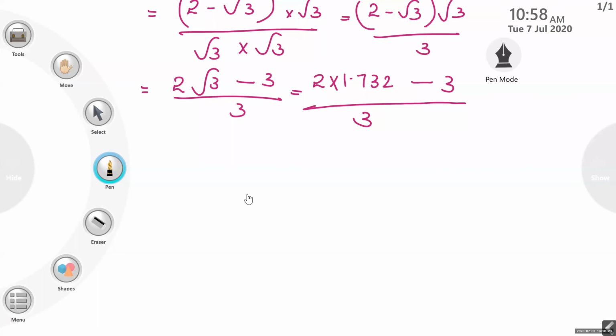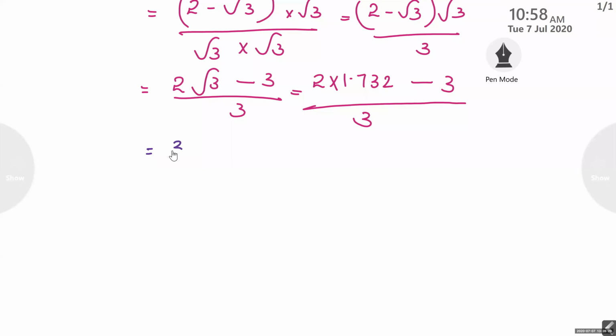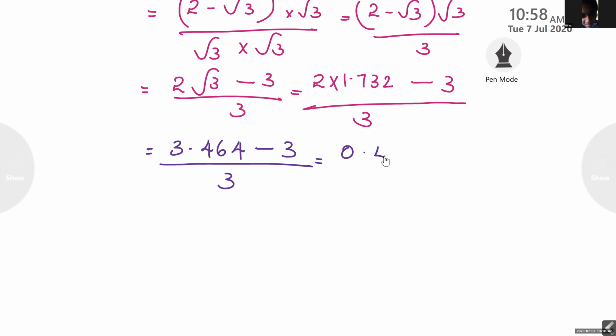What is 2 into 1.732? 3.464. Is it correct? All of you got the same answer like this? Yes, ma'am. Then minus 3 is there and all divided by 3 again is there. So you have to subtract this. So it will be 0.464.